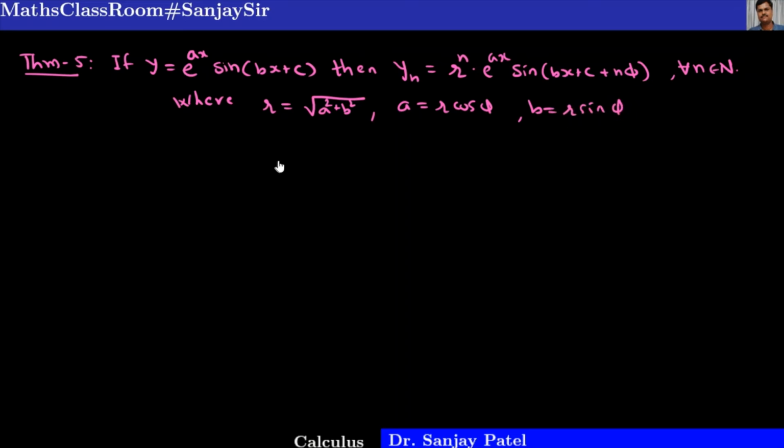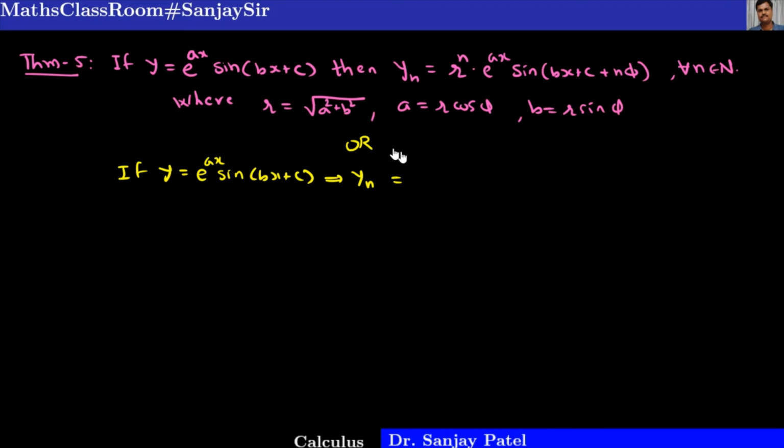Okay, and this theorem we can also rewrite in a different way. We can write this yn this way also. If y is equal to e raised to ax into sine bx plus c, then yn is equal to, instead of writing r and phi separately, we can put the value of r and phi in this result.